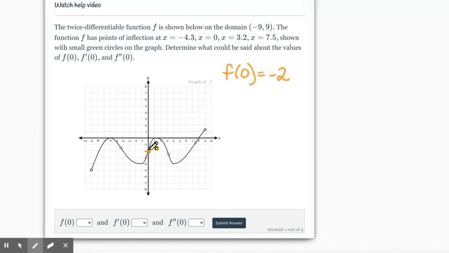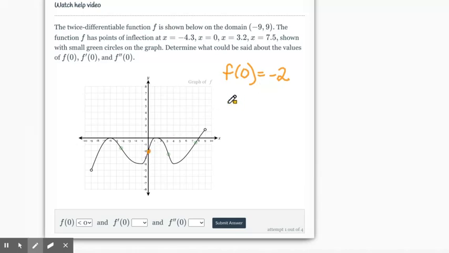And then what is f doing? Well, f of 0 would be negative, because negative 2 is negative. Now, what is f prime doing? Well, let's think about what I know about my function. Right here, it looks like this is on an interval where f would be increasing, 0 is.